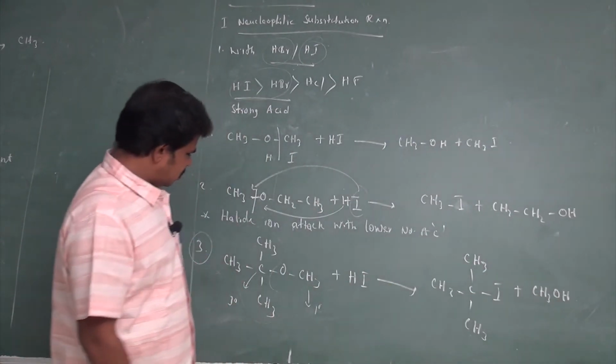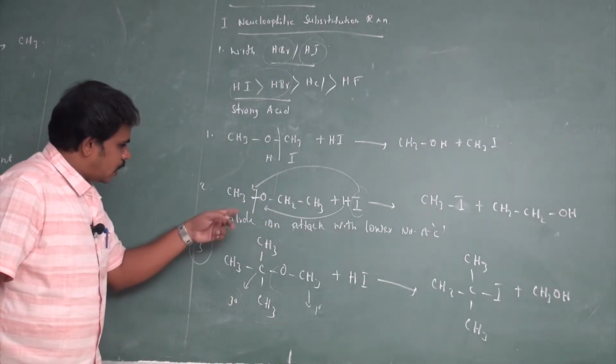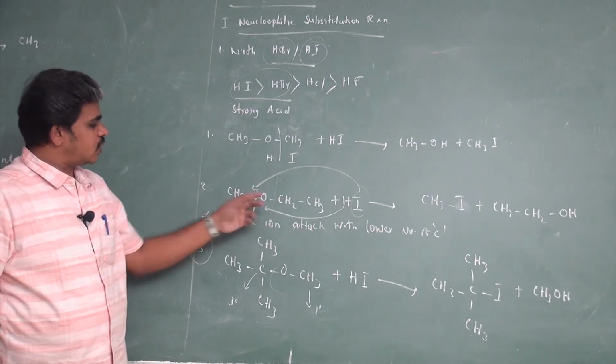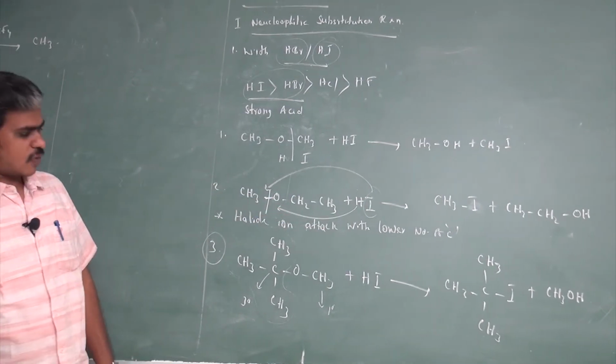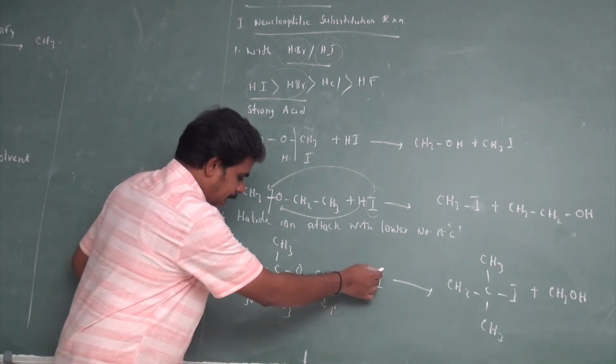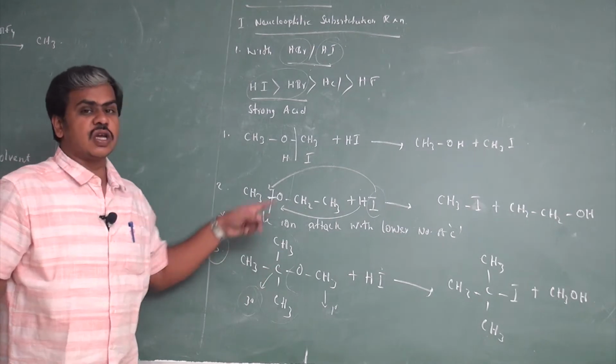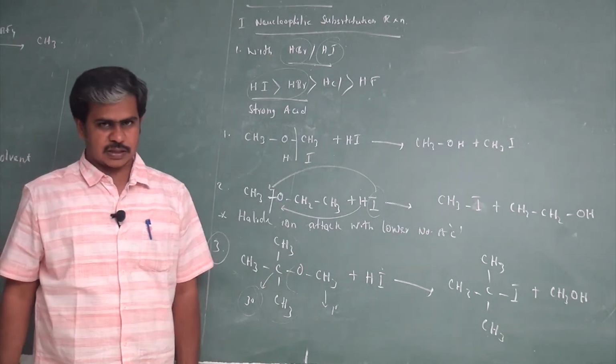Just now I said that if a halide is there, the halide ion attacks the lower number of carbon. But here the halide ion attacks the higher number of carbon if a tertiary alkyl group is present.